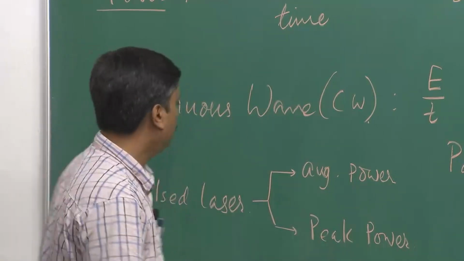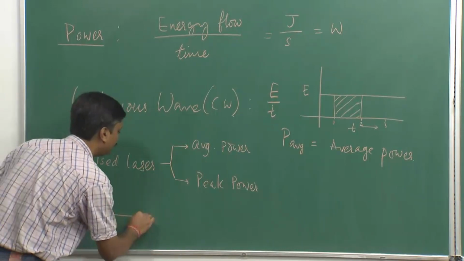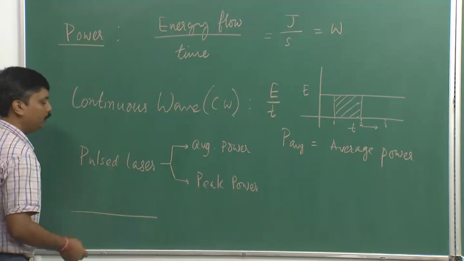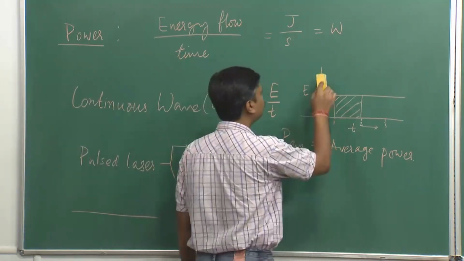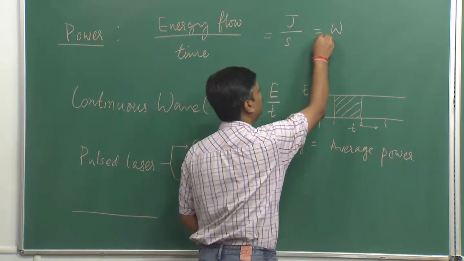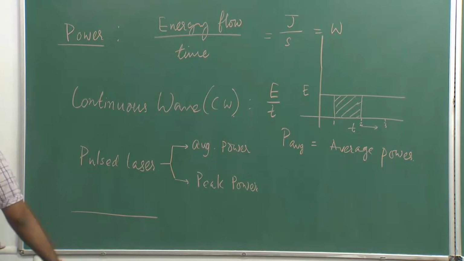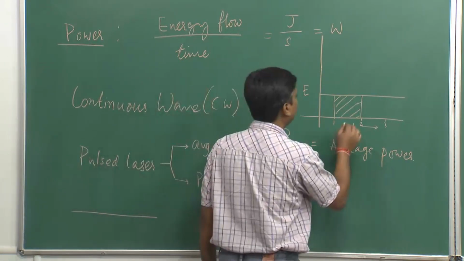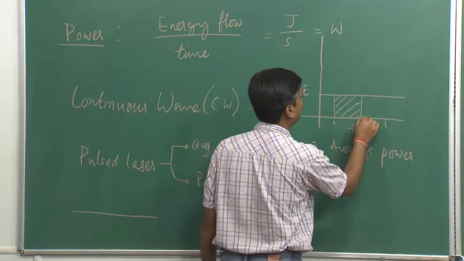Now in case of pulse laser, what do we actually see? Let me draw the same in the same plot with a different color. So in case of pulsed, what we generally have, let me start from here so that it's clear.